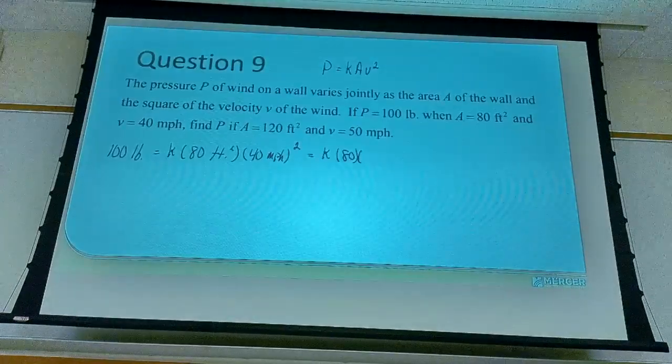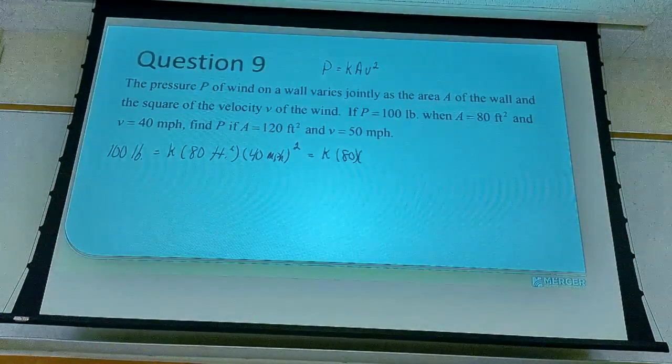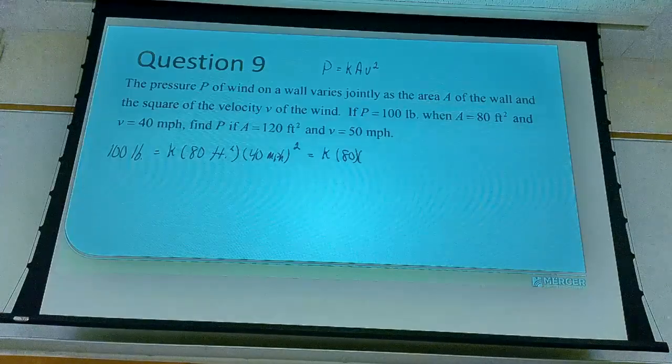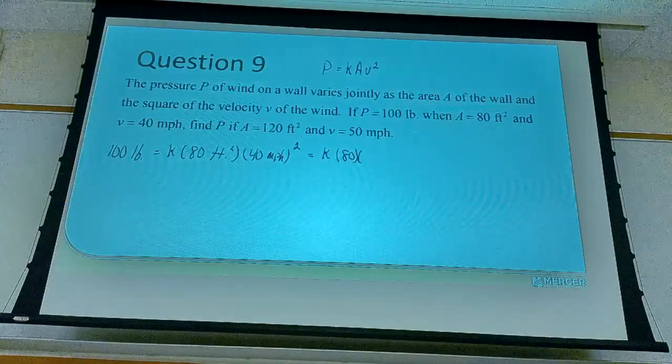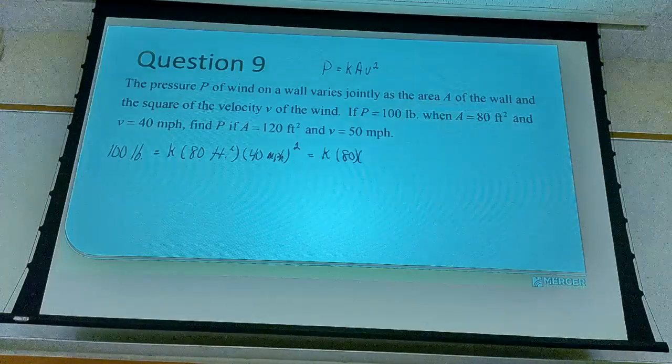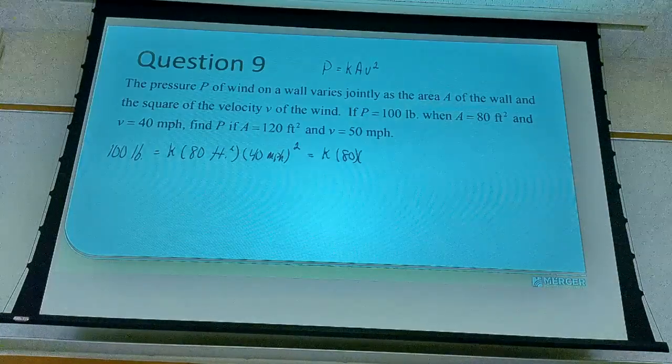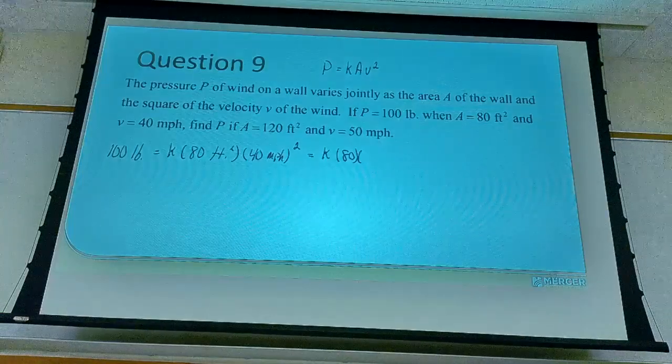What is 40 squared? That should be an easy one. You're off by a magnitude of 10, 1600.